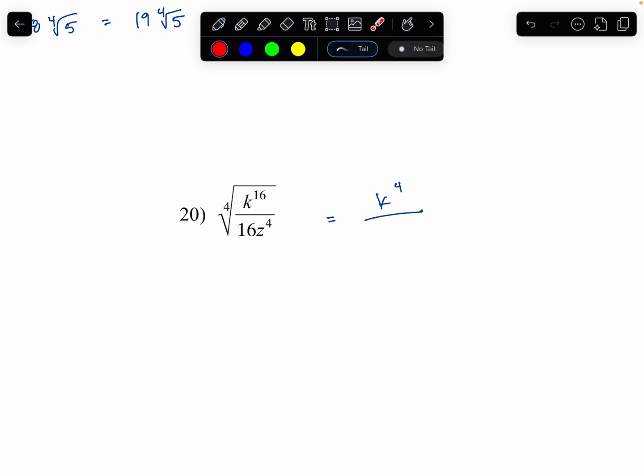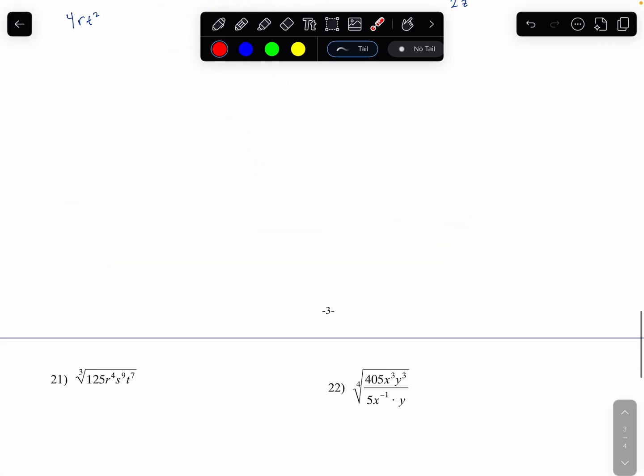And first of all, I actually have to do the fourth root of 16. So the fourth root of 16 is 2. And then the fourth root of z to the fourth, I see how many times 4 goes into 4, which would be 1, so it'd be z. And there's not going to be anything left over in the radical, so that's what I get.